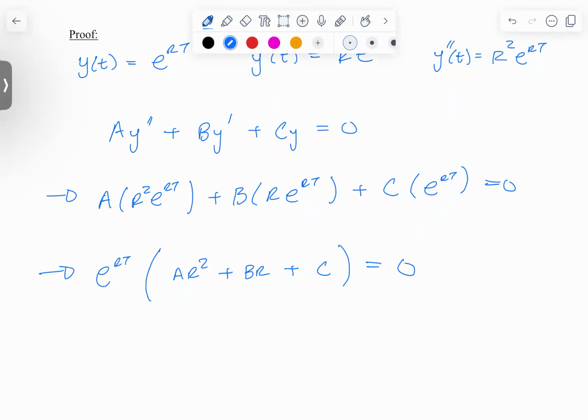And this is the point. This is the characteristic equation, the quadratic that we just talked about above.